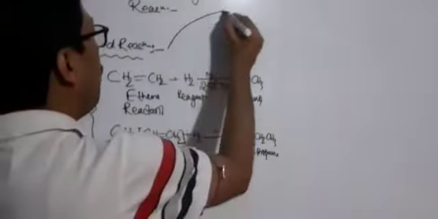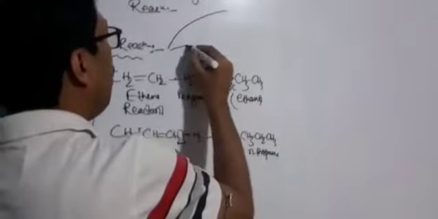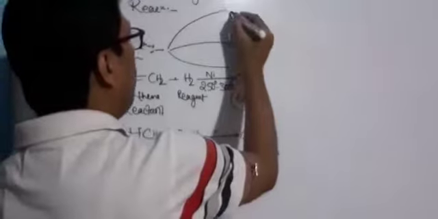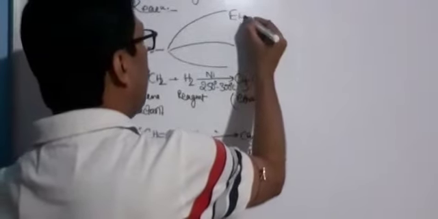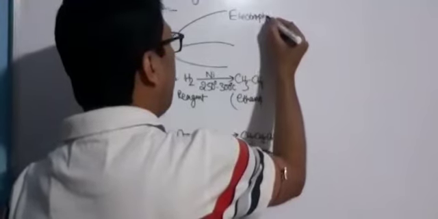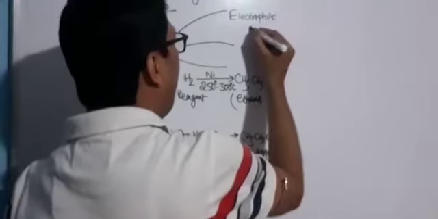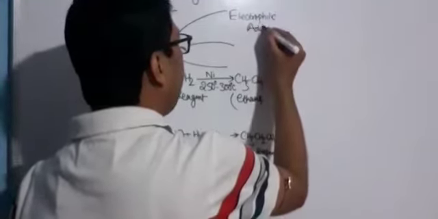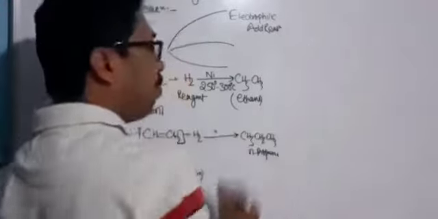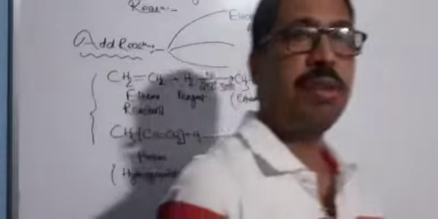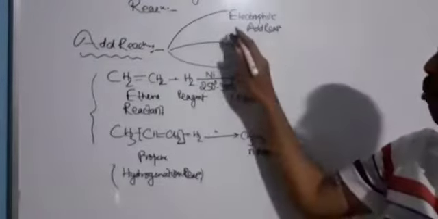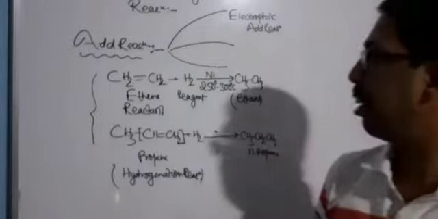Now, there are some types of addition reaction, and those are the following. The first one is electrophilic addition reaction. By the name, it is quite clear that the electrophilic addition reaction takes place with the help of an electrophilic reagent.